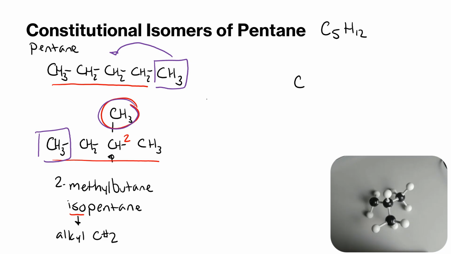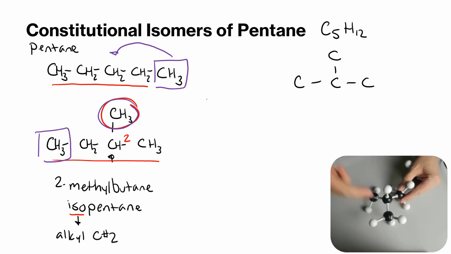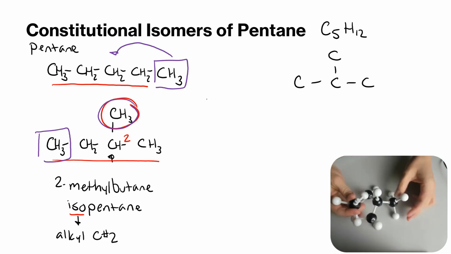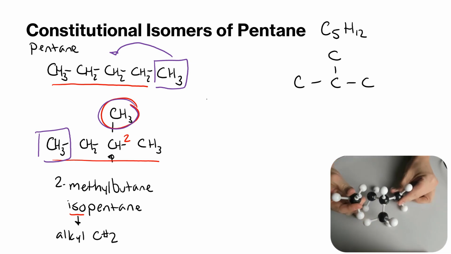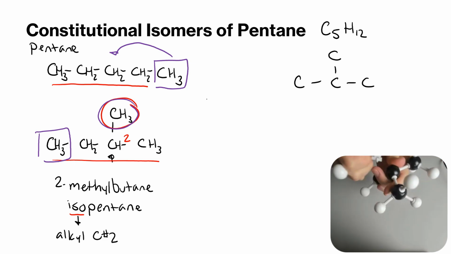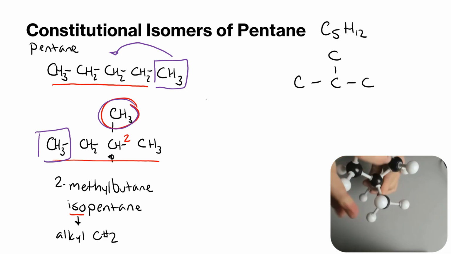So if I go down to a 3-carbon parent chain, I still have that alkyl branch on carbon 2. So this new substituent needs to also go interior. Carbon 2 still has a hydrogen that can be substituted with that alkyl branch.